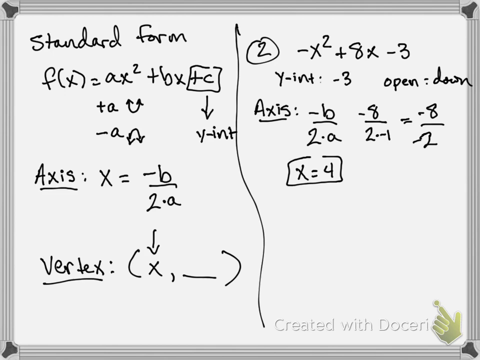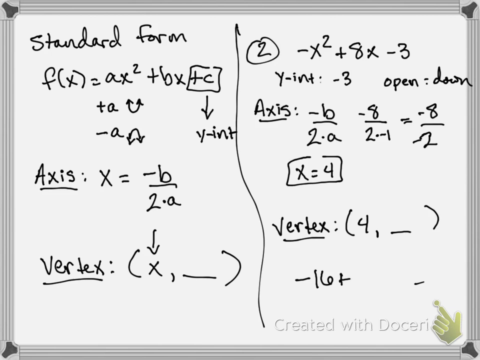Now that I know that, that tells me the first part of the vertex. The first part of the vertex is 4. I got to figure out what that next number is. So all I got to do is plug it back in, guys. That's the only thing that I got to do. Well, 4 squared is 4 times 4, so negative 16.